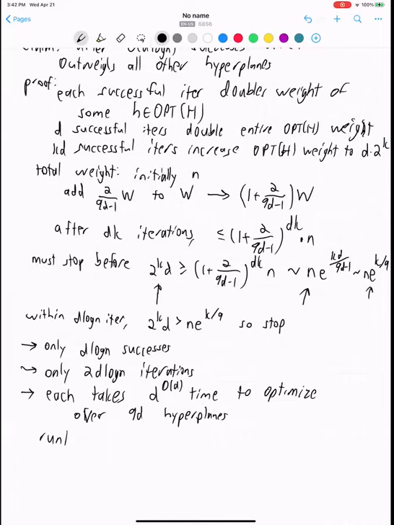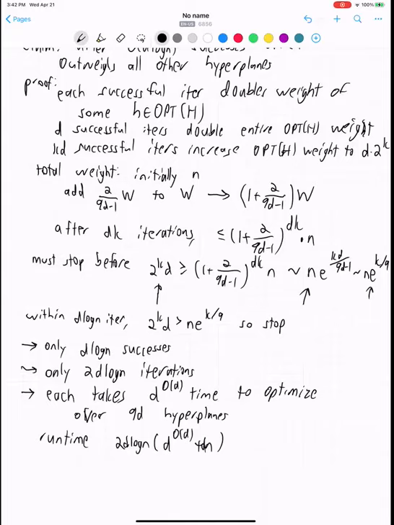So our runtime is simply 2d log n times d to the order d, plus n for the sampling and violation checking. Okay. So now we have an algorithm that's basically n log n.